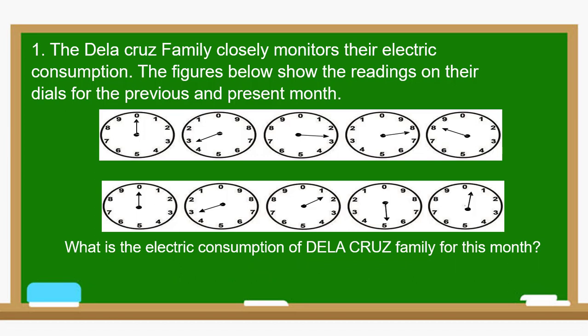What is the electric consumption of De La Cruz family for this month? 128 kilowatt hour.